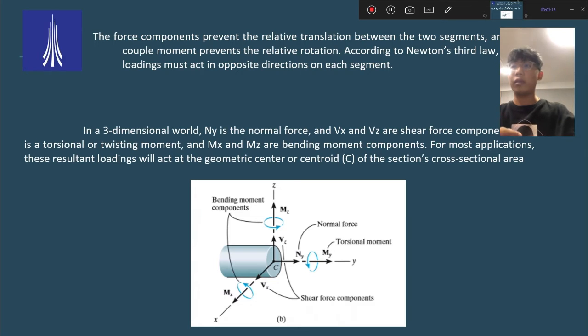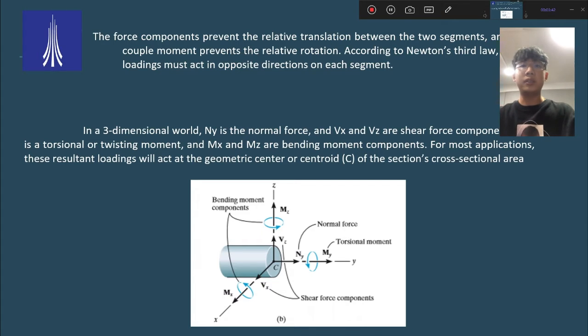My is the torsional or twisting moment, and Mx and Mz are the bending moment components. The variables are going to be the same, N, V, and M, but in the three-dimensional world we have x, y, z components, so it changes based on different exercises and experiments.